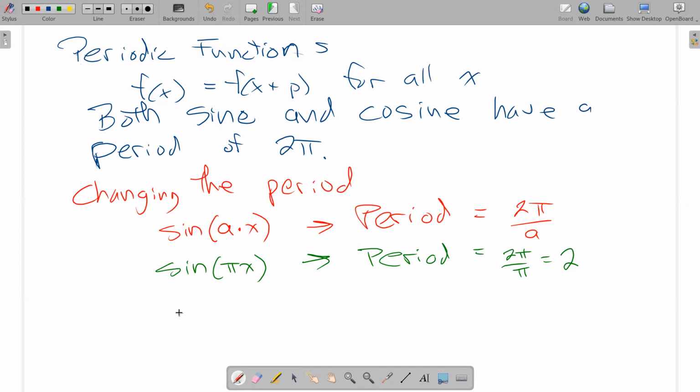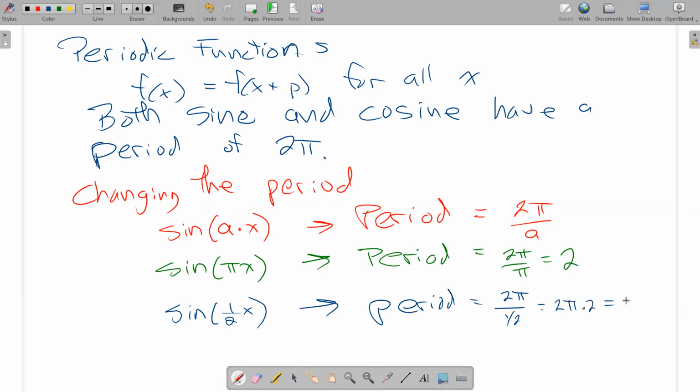If I looked at the sine of 1/2 x, then the period would be 2 pi over 1/2, multiplied by the reciprocal, 2 pi times 2. I should see a period of 4 pi. So the wave isn't going to repeat itself until 4 pi from some starting point.